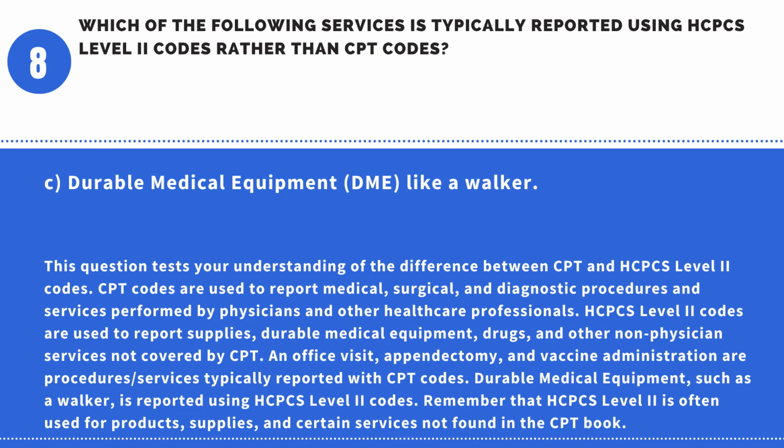An office visit, appendectomy, and vaccine administration are procedures/services typically reported with CPT codes. Durable medical equipment, such as a walker, is reported using HCPCS Level II codes. Remember that HCPCS Level II is often used for products, supplies, and certain services not found in the CPT book.